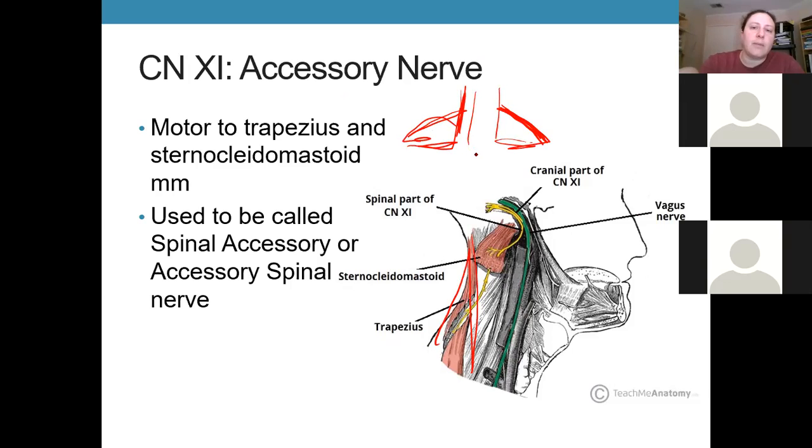And then the sternocleidomastoid muscle is the one that runs from the front of your neck around to the base of your skull. So right here. And literally that's what this nerve does. It tells those muscles when they're supposed to be contracting. It doesn't do much, but those muscles are kind of helpful in letting you move your neck around and stuff. So, you know, we still like it. And that's pretty much how those two work.